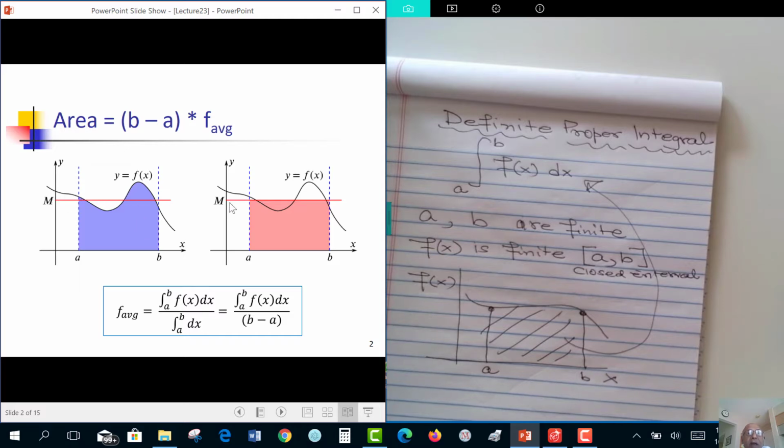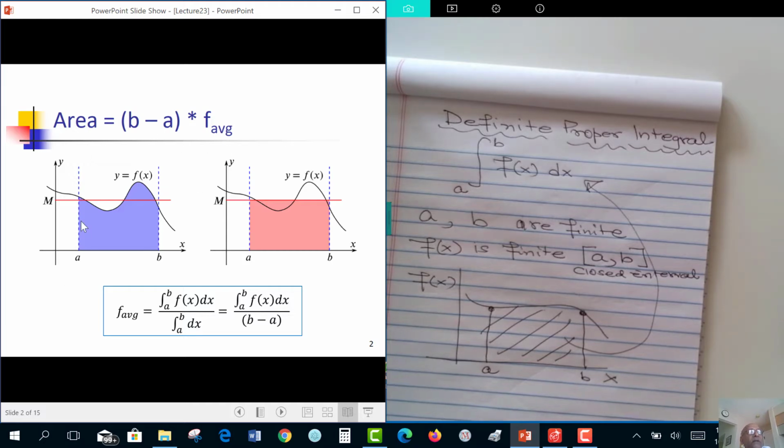So this mean value, let's call it m. We can think of that as the rectangular area. So this pink area is the same as this blue area. So what we think about as f average is that we are averaging f with respect to x. So we integrate f with respect to x, and x itself, dx, from a to b. So you can see it becomes the same idea here.